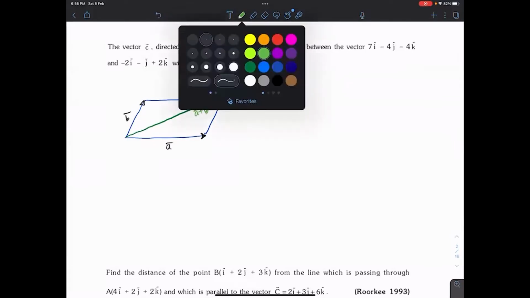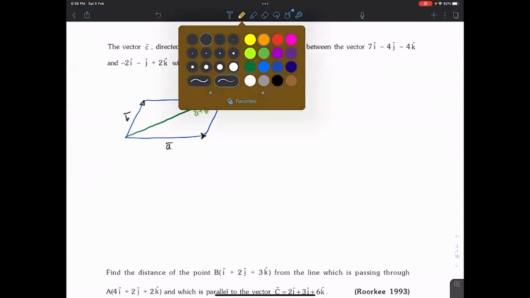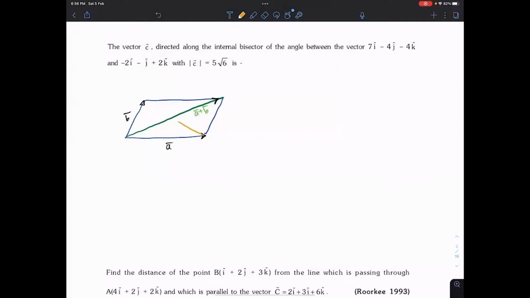Now, if I draw another vector, something like this, you will get another vector or not? What will this vector be? It will be B bar minus A bar or A bar minus B bar. See, in this diagram, what you should understand is this one is origin.